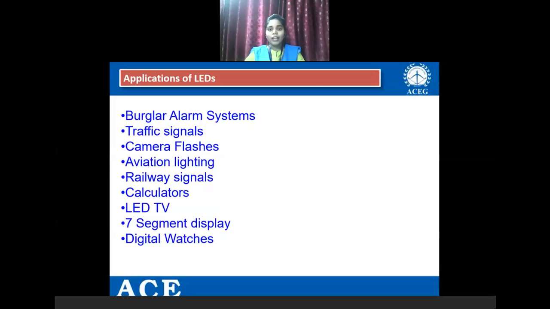We also saw how the light emitting diode is biased, and the applications of LEDs. All these things we have studied so far.